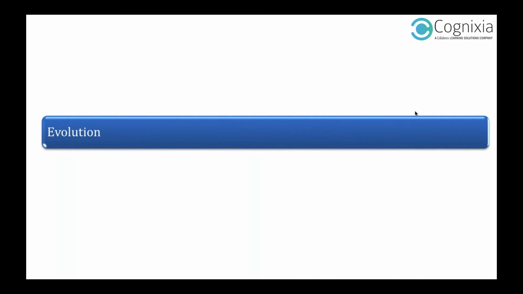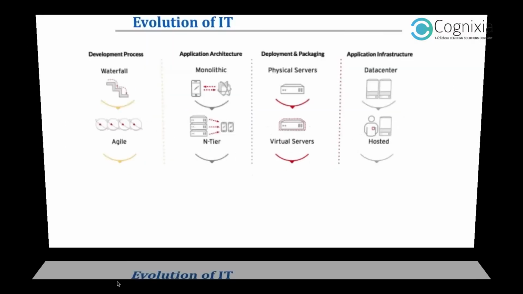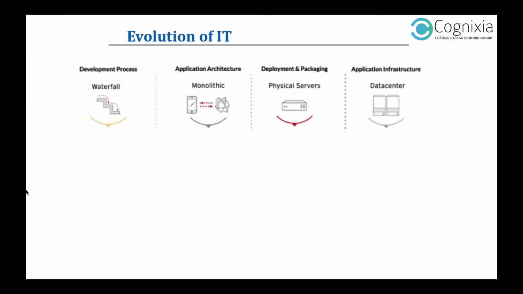So let's see the IT evolution. Early 2003, we had the waterfall model in the development process. Application architecture was monolithic, which means a single application used to do everything. Of course, we did not have Flipkart then, but example, you had makeMyTrip.com or a Flipkart those days.